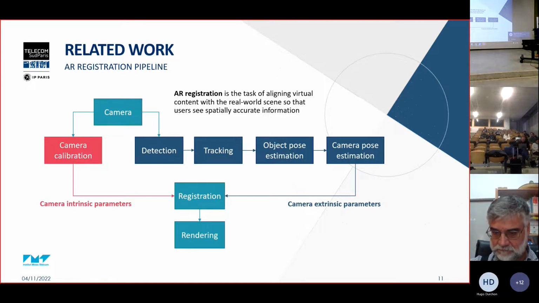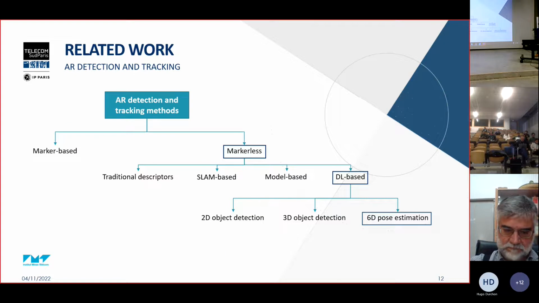Nowadays, Microsoft, Vuforia and the big AR libraries do it, so it's no longer a problem. The core problem is detection and tracking, to get the pose of the object of interest and then get the camera extrinsic parameters to do the alignment correctly. So now we focus on this area: detection and tracking methods.